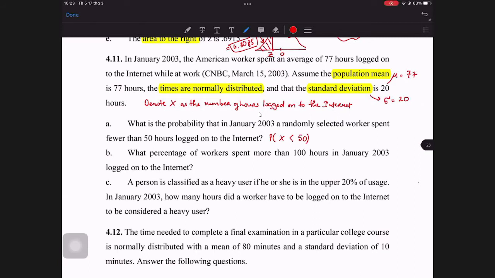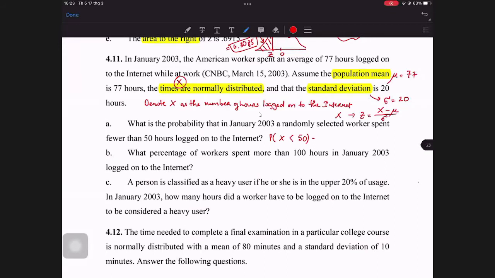Just remember that x here is actually normally distributed. And whenever a variable is normally distributed, we can convert it into a standard normal distribution. The reason we have to convert it into a standard normal distribution is to look up the table. Otherwise, it is impossible for us to find the probability. So we can convert x into z using the formula x minus mu divided by sigma.